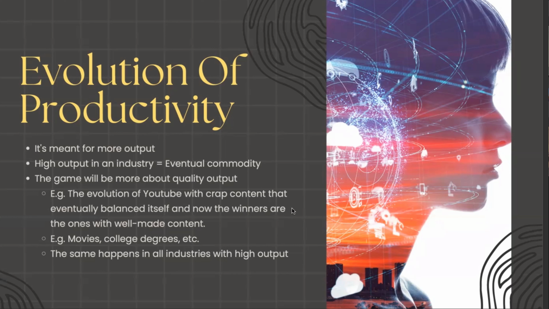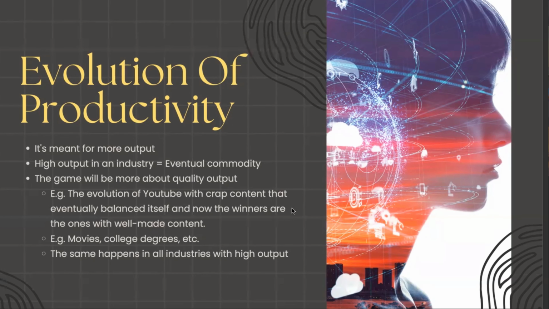So this is something to be aware of when you're talking about team productivity, when you're talking about personal productivity, that we're not just trying to create more output, right? We're trying to create quality output in order to stand out in our fields, personally with our skill sets, or even with our businesses, whatever it is.